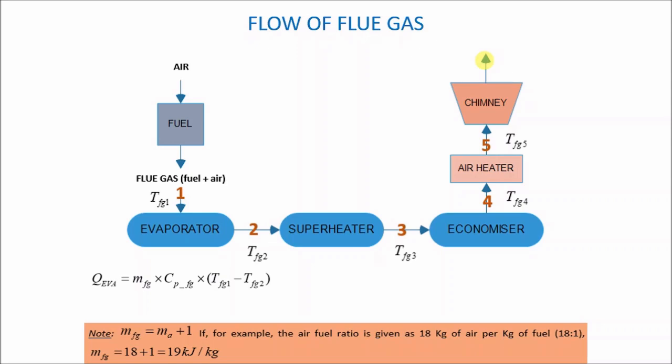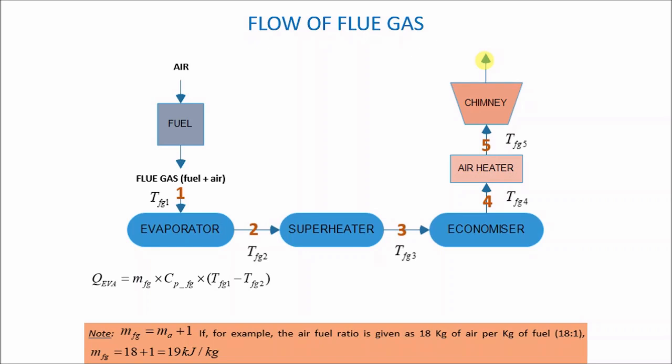Do not use that of superheated steam. So the heat absorbed by the evaporator can also be found using the equation that you see there, with the mass of the flue gas multiplied by the specific heat capacity of the flue gas and multiplied by the change in temperature between the temperature of the flue gas that goes into the evaporator and the temperature of the flue gas after the evaporator, because the flue gas is very hot, okay?